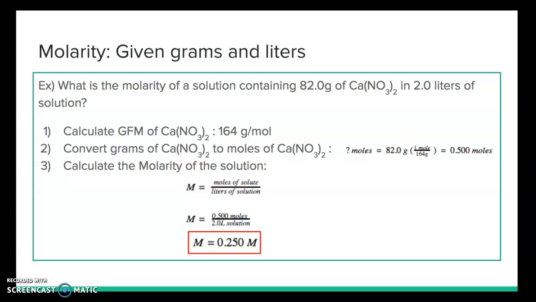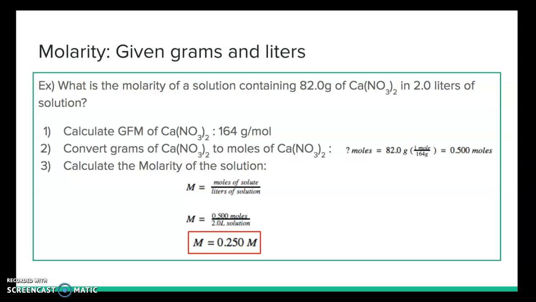So if we have the problem, what is the molarity of a solution containing 82 grams of calcium nitrate in 2 liters of solution, we cannot go directly to our molarity formula because we do not have moles of calcium nitrate. So to get to moles of calcium nitrate, we first need to calculate how much 1 mole of calcium nitrate weighs using our periodic table.